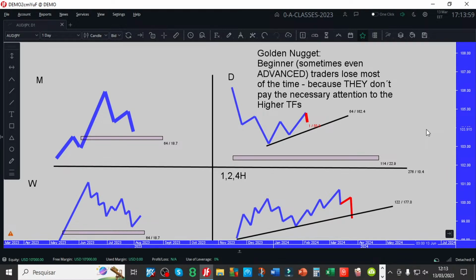Golden Nugget, beginner traders, sometimes even advanced. Pen and paper, type this down. This is part of the skill that you must learn. It has nothing to do with you being right or wrong, and has everything to do with the skill. What's the skill?